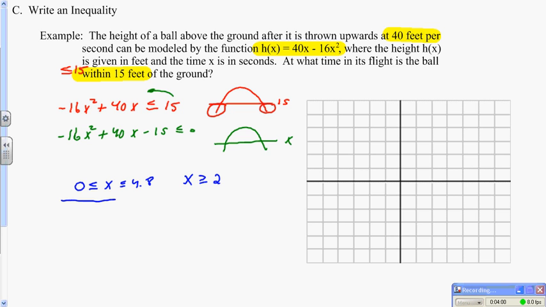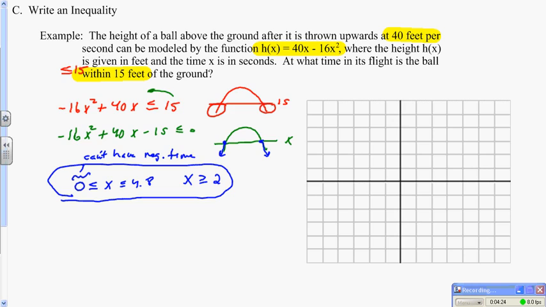So this is the interval at which the parabola is below the x-axis. So this part and this part. And again, we have this part here because we can't have negative time.